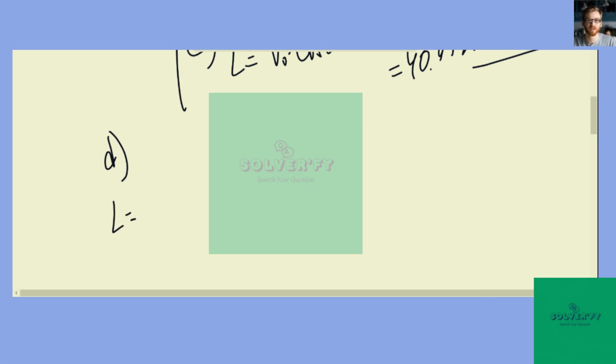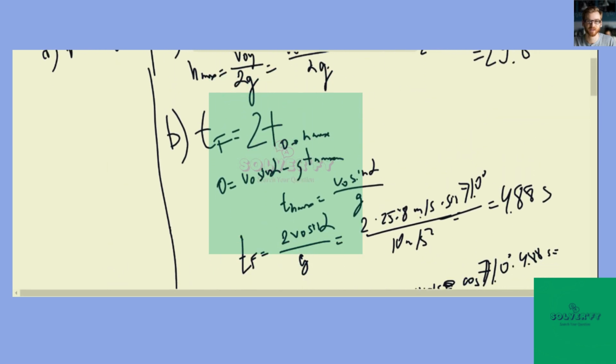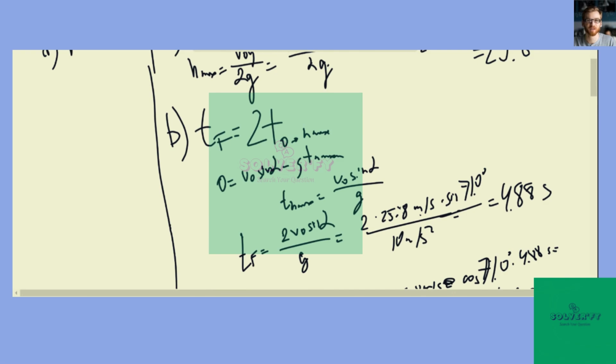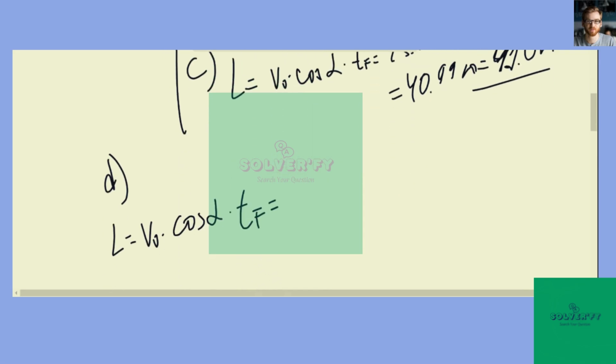So here L equals v0 times cosine alpha times time of flight. And time of flight in turn equals 2 v0 sine alpha over g.